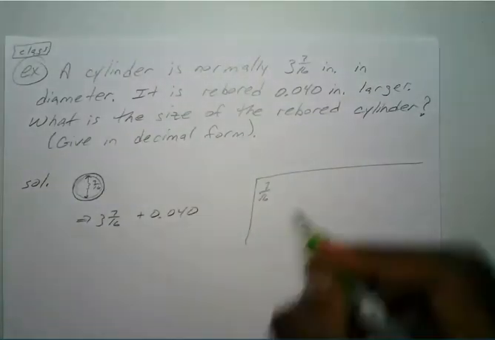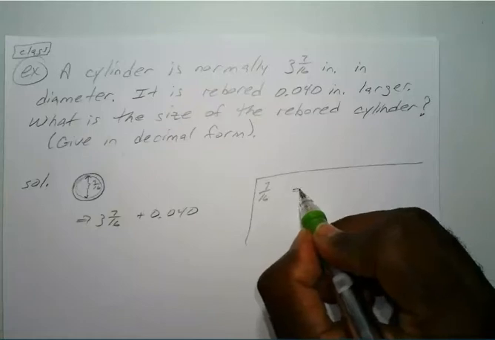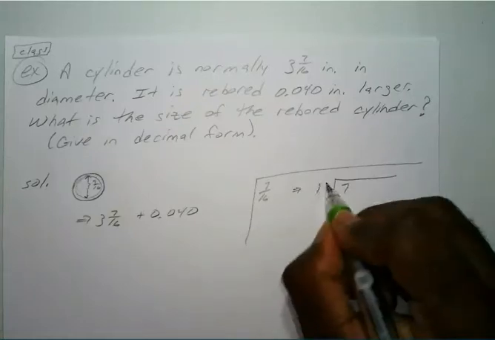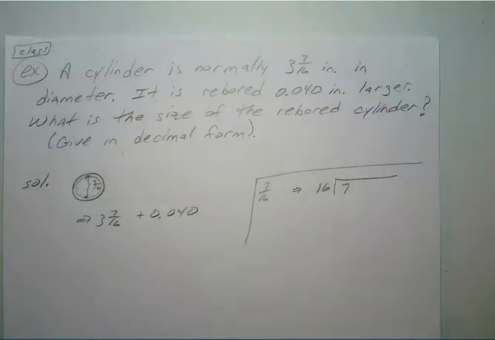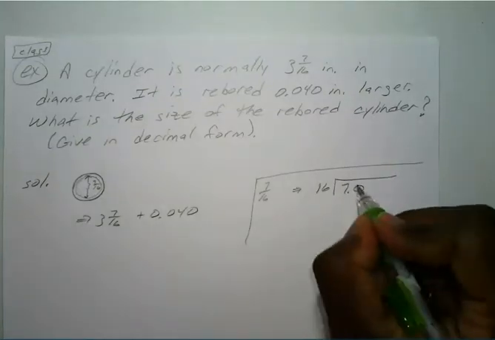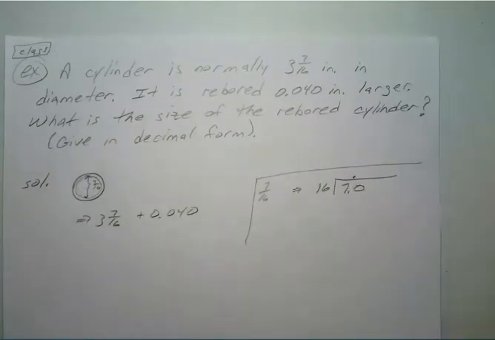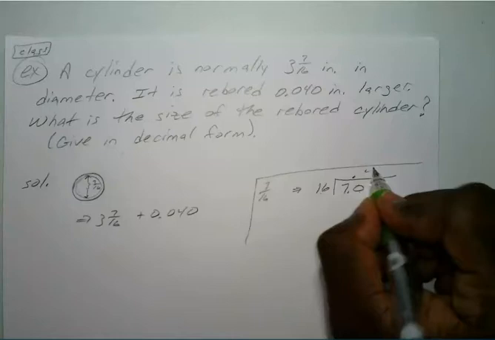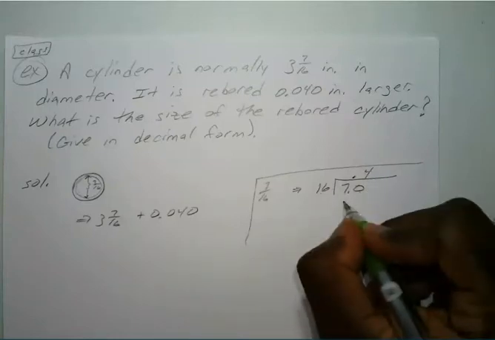Okay, 7 divided by 16 is just 7 divided by 16. And we'll make that 7.0 and move that decimal right on up. Okay, so 16 goes into 70 4 times. 16 times 4 is 64.